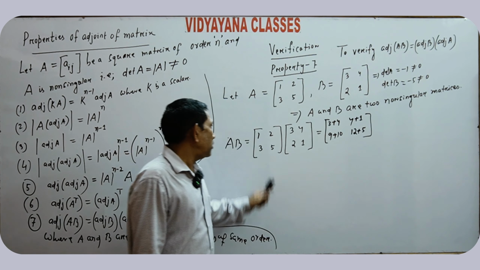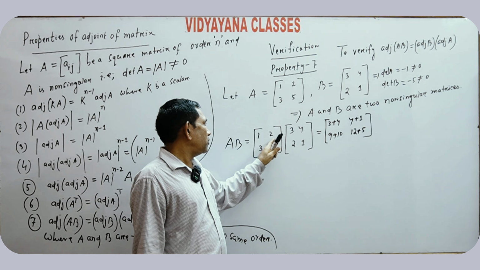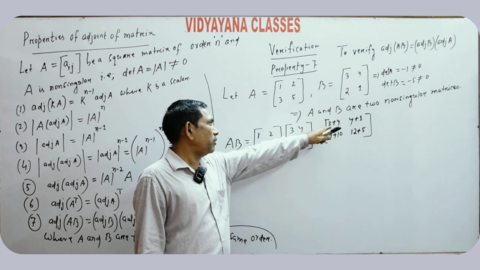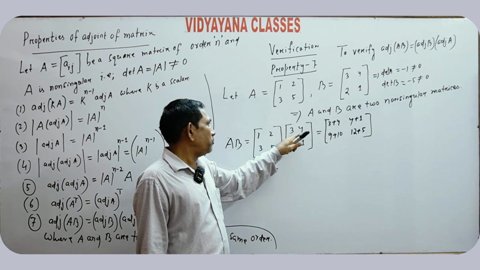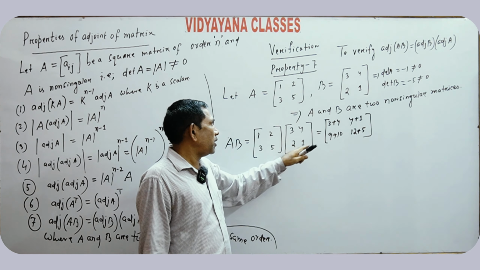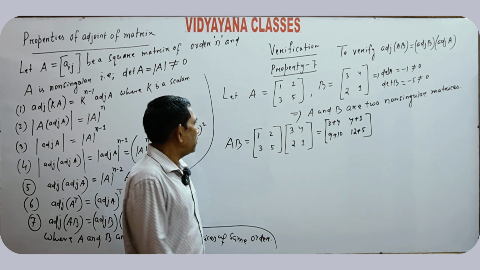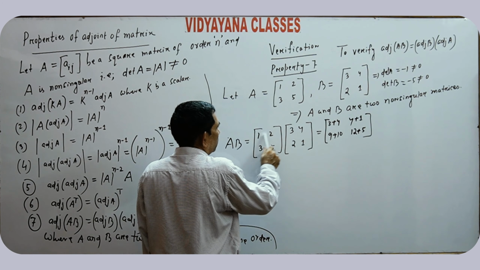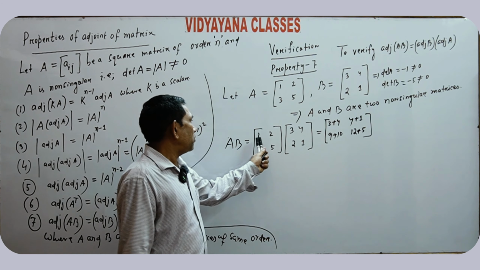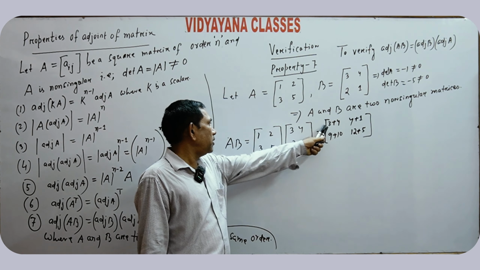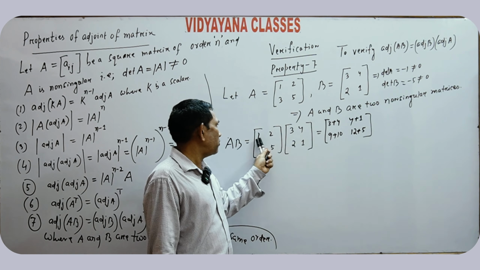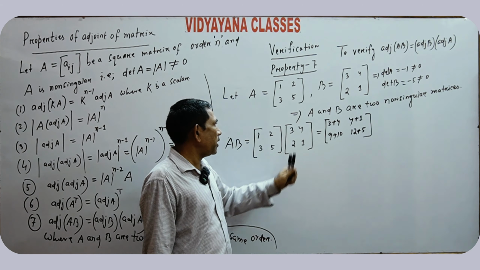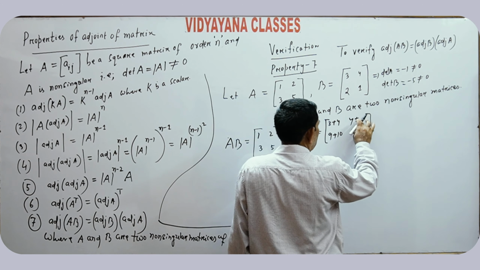Clear? 1 into 3, 2 into 2, 3 plus 4. 1 into 4, 2 into 1, that is equal to 2.